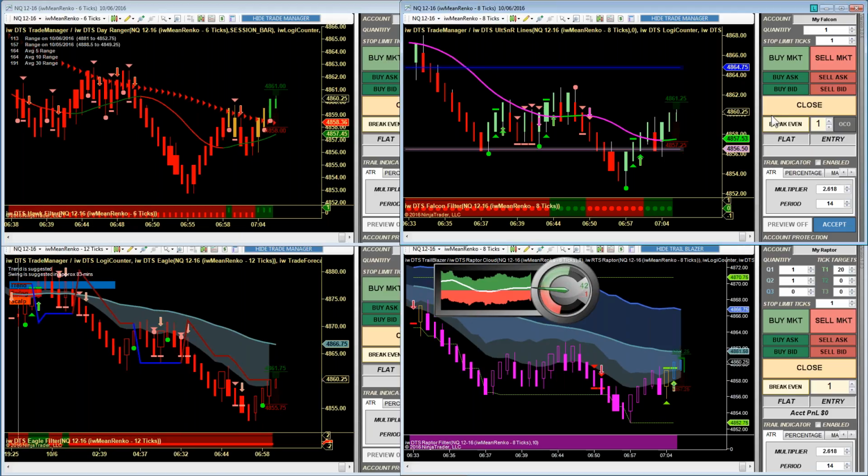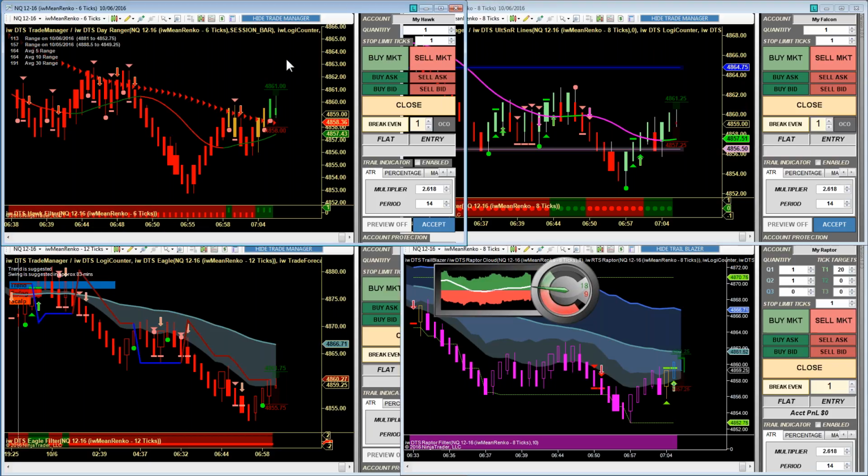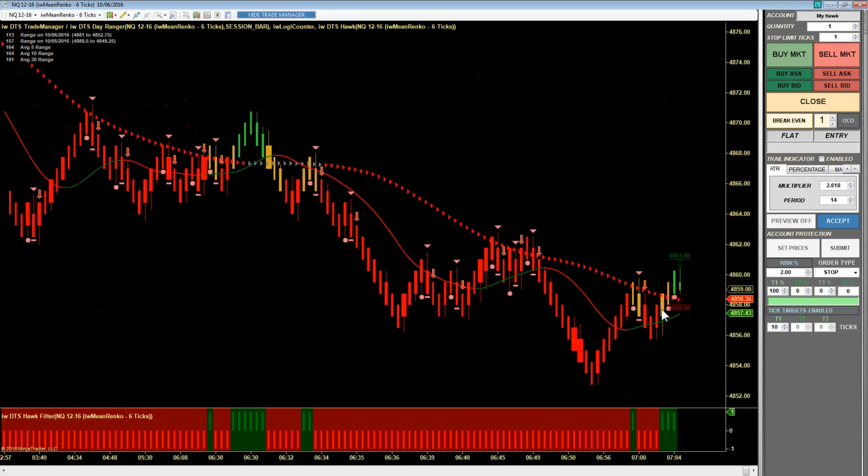Well, it almost looks as though the sellers are waking up, maybe. We're getting a green bar sell here in the hawk. The signal is going to print just below 48.58. You could draw yourself a trend line like this and reserve your entry until the other side of the trend line, or wait for a second push.